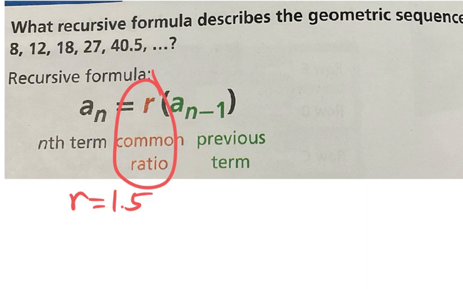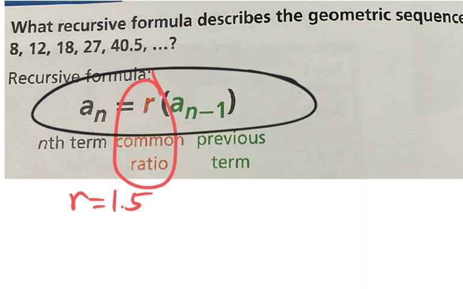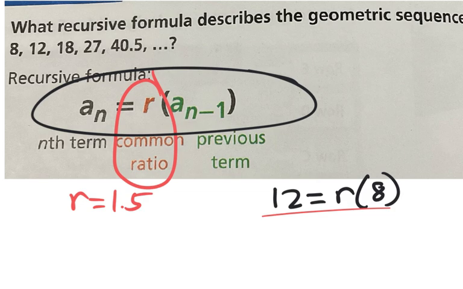Essentially, what I've already shown you how to do, they wanted you to do it formally with a formula. Say I picked out the second term. The second term would say 12 equals, common ratio is what I'm looking for, times the first term, the previous term. Well, how would I solve this? Divide by 8 on both sides.